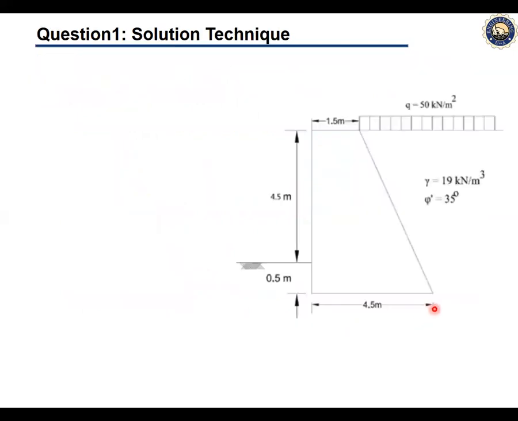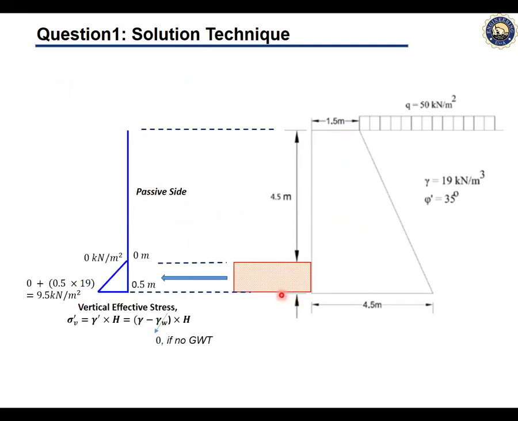On the next step, we have a very small height of 0.5 meter where the retaining wall is inserted in the ground. We can calculate on the passive side the earth pressure or the vertical effective stress. Because there is no height of soil above, we consider a depth from 0 meter down to 0.5 meter.